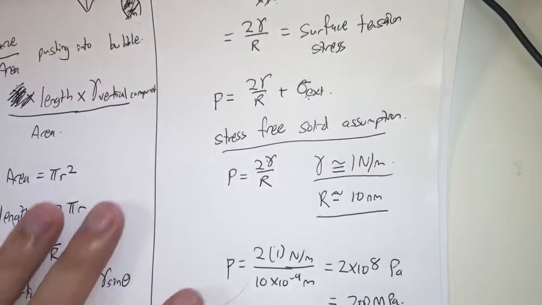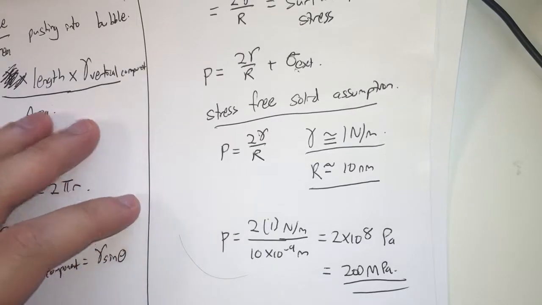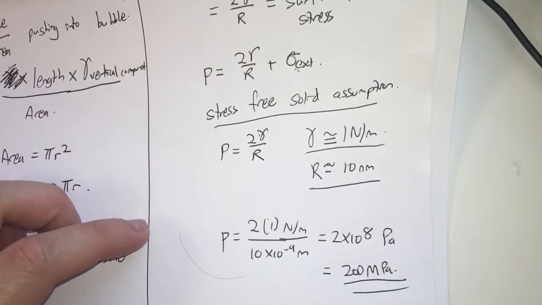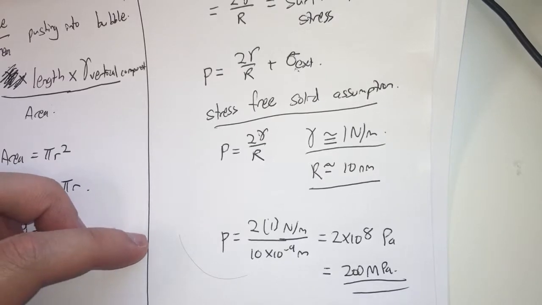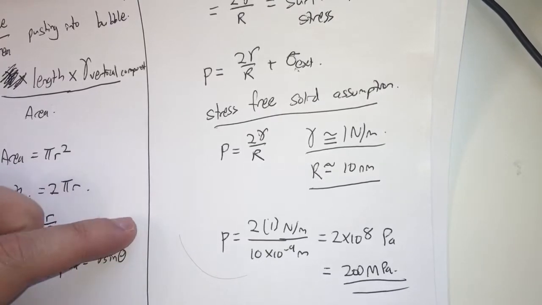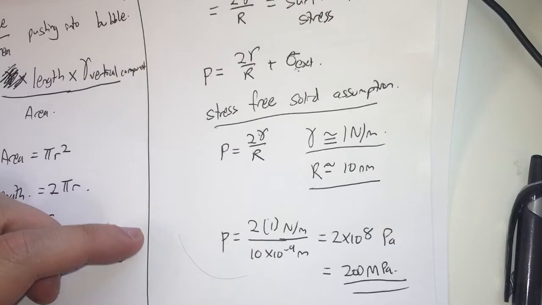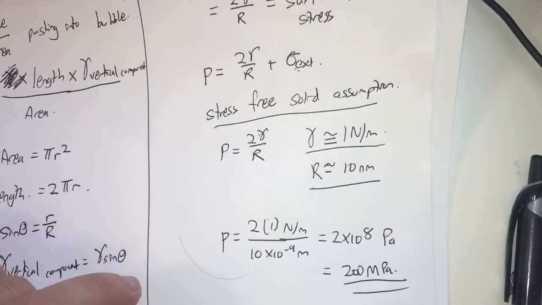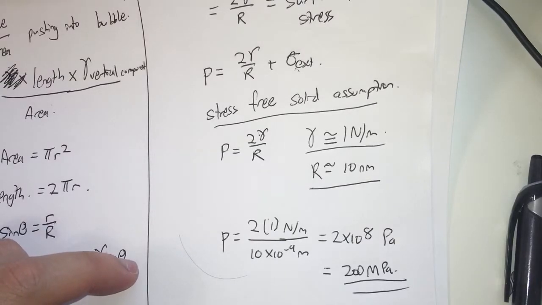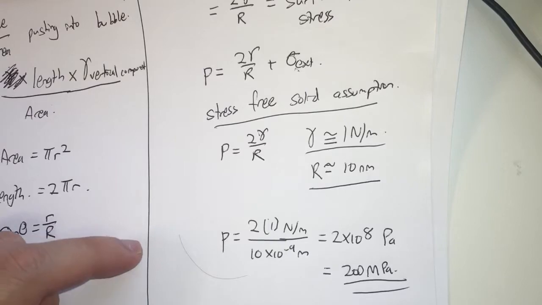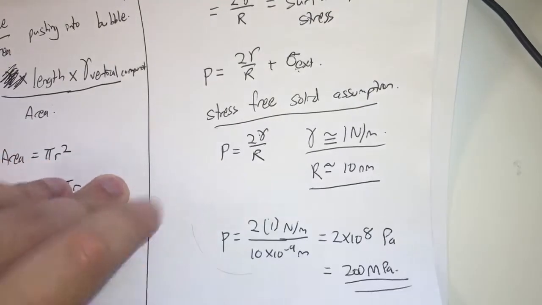So even if we had some forces acting on the fuel pellet, it's still pretty small compared to this. And that's why we can think of it as a stress-free solid. Anyway, the fuel is not meant to bear weight, so that's the other reason that we can assume it's a stress-free solid. So this is some typical value of what the pressure can be like inside that bubble.